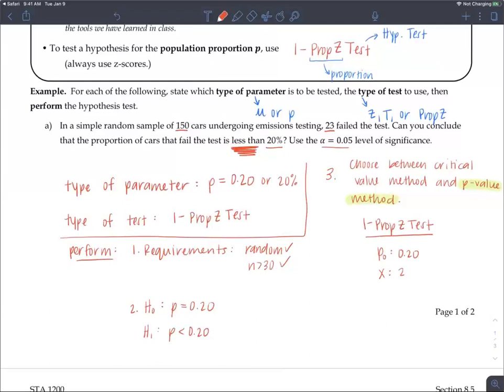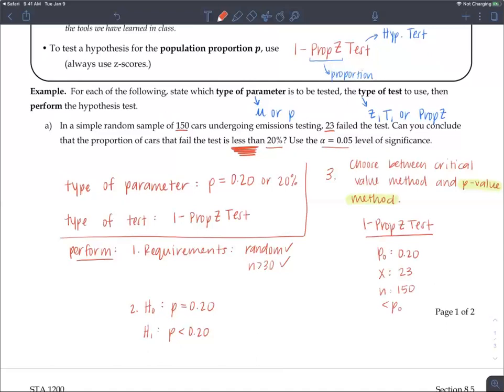Yeah, it's going to be 23 out of n, which in this case is 150. And then what we put in at the very bottom is the less than p naught. So here 0.2, 23, 150, less than p naught, calculate.